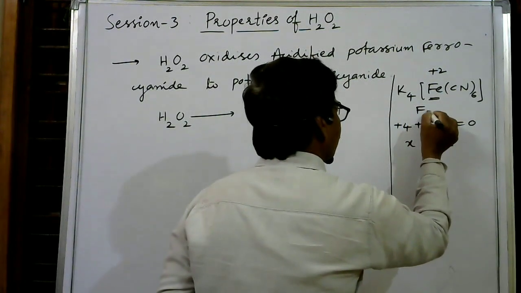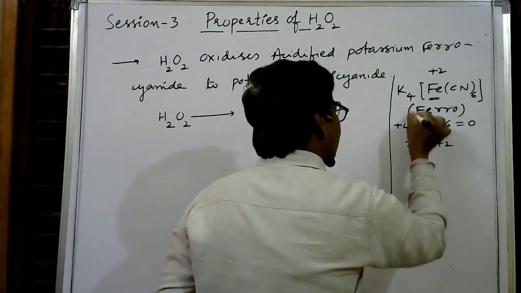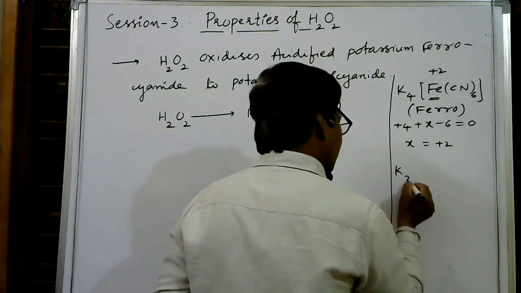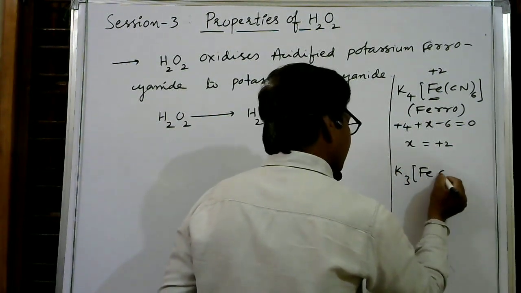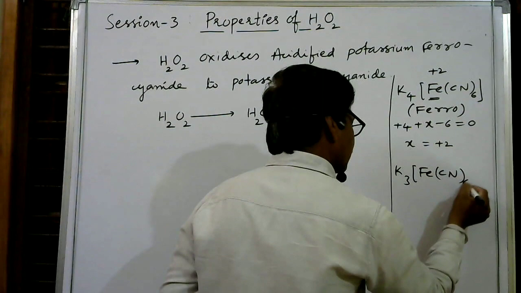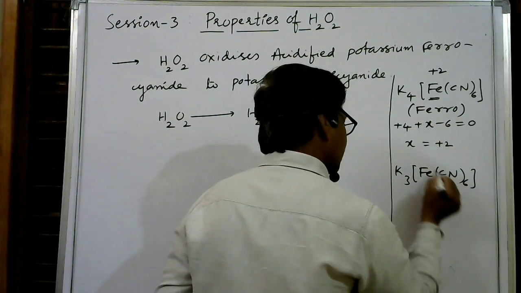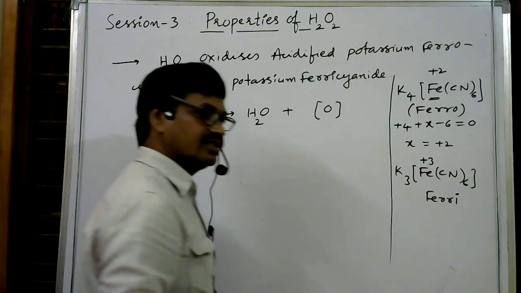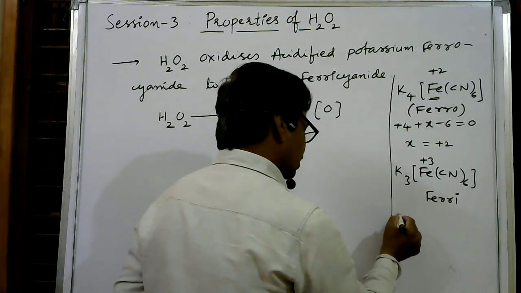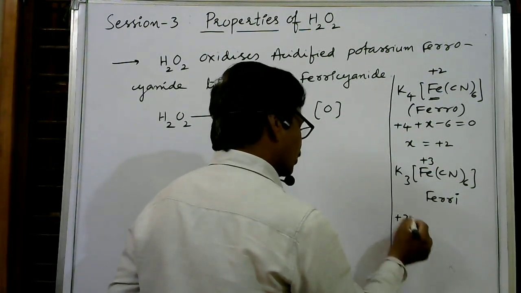This is ferro. And what is ferri? Ferri is K3Fe(CN)6, potassium ferricyanide. Why is it ferri? Because the ferric ion is present, plus 3 ion is present here. Each potassium is plus 1, so plus 3 for 3 potassiums.